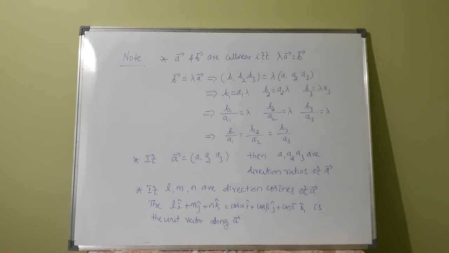If A is a1i plus a2j plus a3k, then a1, a2, a3 are direction ratios.